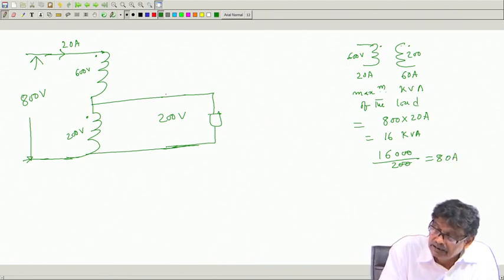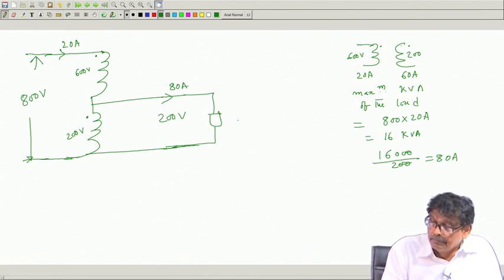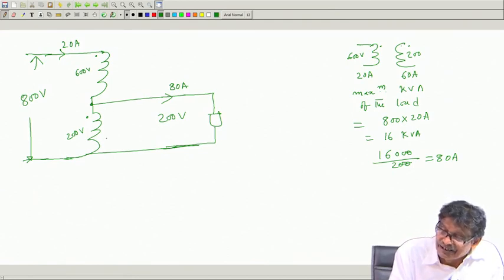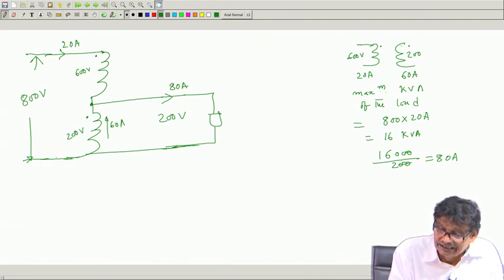So, I will draw 80 ampere, because this is not the winding current, and you see yourself, this is 20 ampere, this is 80 ampere, apply KCL here. What will be this current? 60 ampere, then only this will be 20, 60, 80. Here also 80, 60 goes up, 20 comes here.